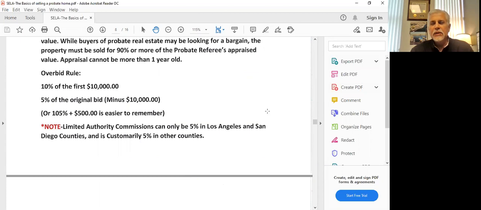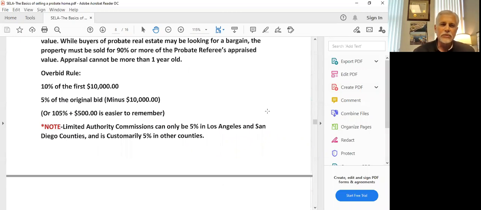A lot of people make the cashier's check out to the estate of, whatever is on title, but that's not who's selling the property. Now it's the estate of what's on this probate form, and the cashier's check must be made out to them. So pay attention, and call the attorney to find out the exact way the cashier's check needs to be written to be able to bid in the court.